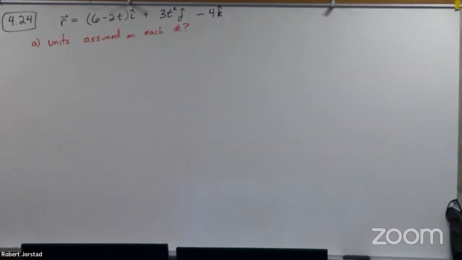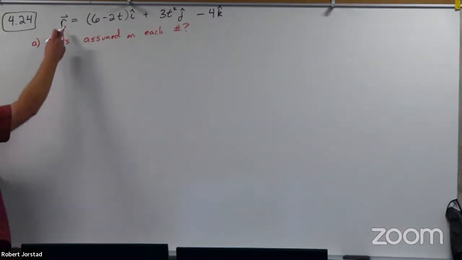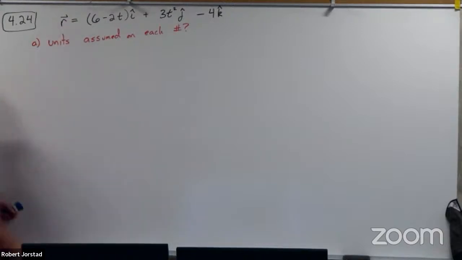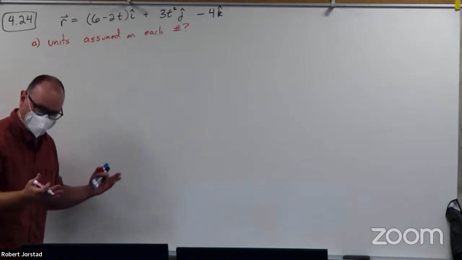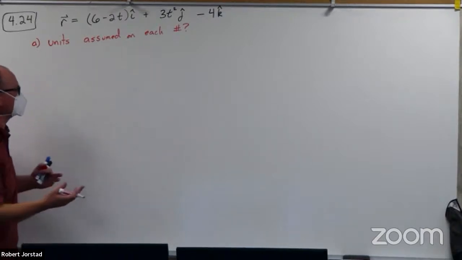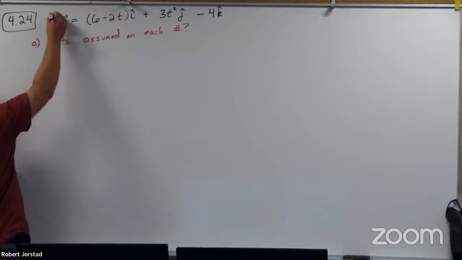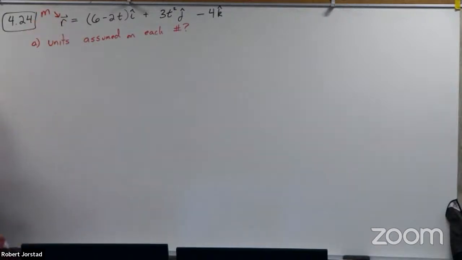Well, help me out. What units are assumed on r? What does r stand for? Position. What are the units associated with position? Meters. Unless otherwise specified, we're going to assume everything is in meters for a position.